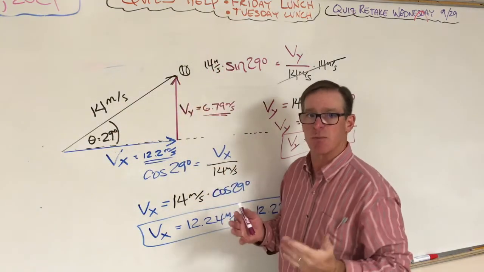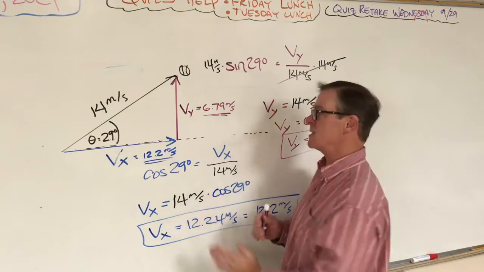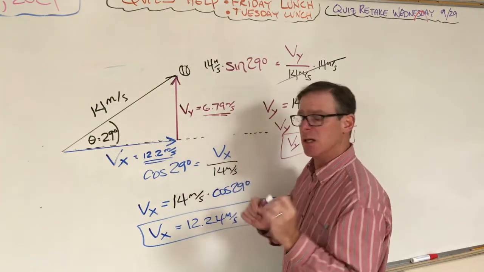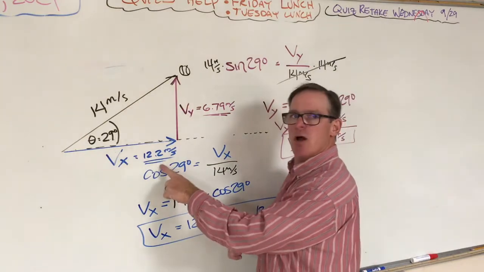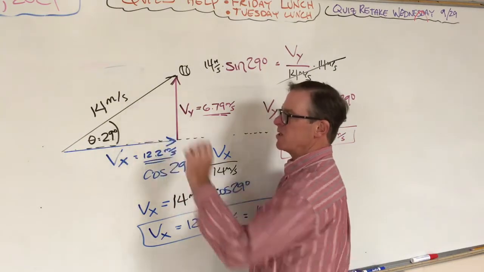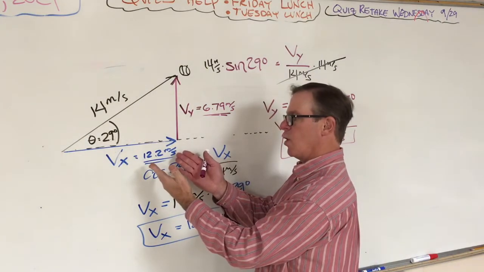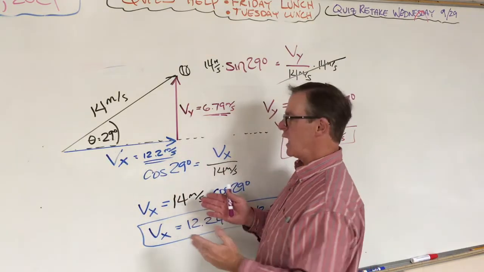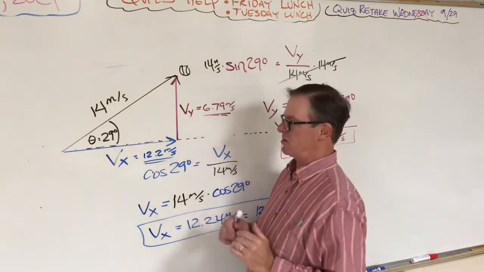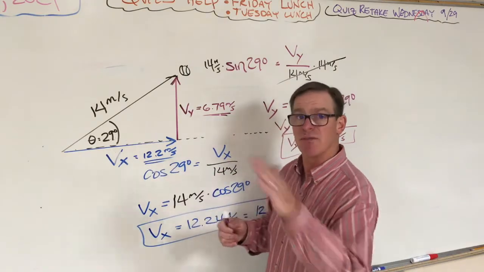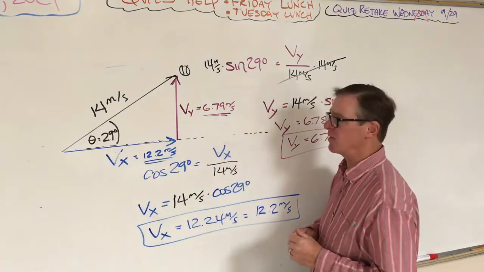In this case, it's 6.79 meters per second is the up and down speed initially. Gravity affects that during the whole flight. And we need to know how much of the 14 meters per second is horizontal. And that's 12.2 meters per second of the 14 is purely horizontal. This will stay the same the whole flight and is unaffected by gravity.